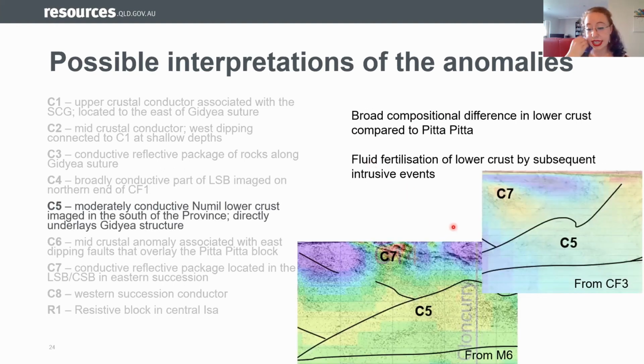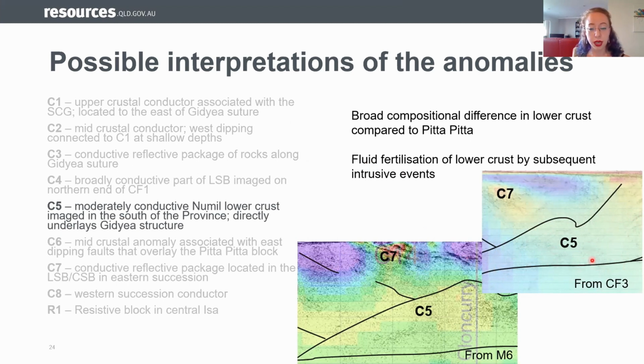So stepping down to the south, where we've got this broad area of moderate conductivity in the normal terrain. This is not superconductive, but it is moderately conductive. It's possible that we're seeing simply a compositional difference between this block of crust and the adjacent one, which is the pitter block.